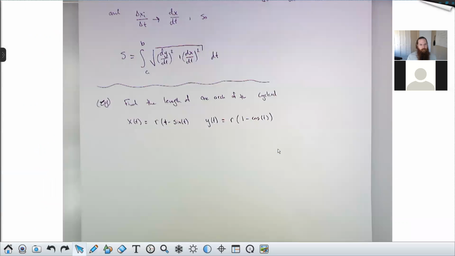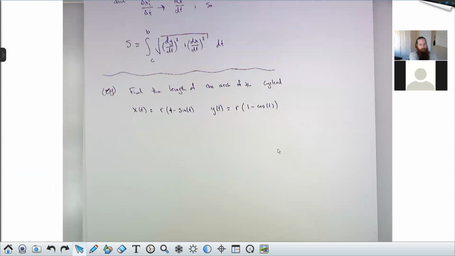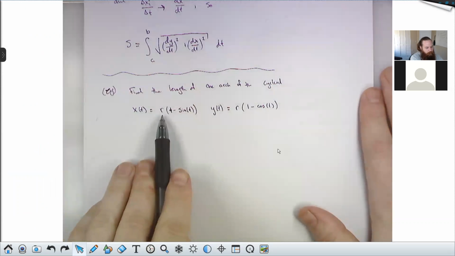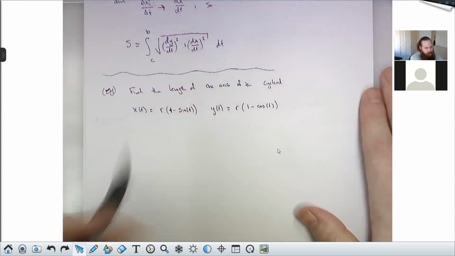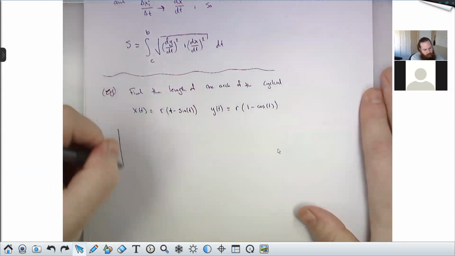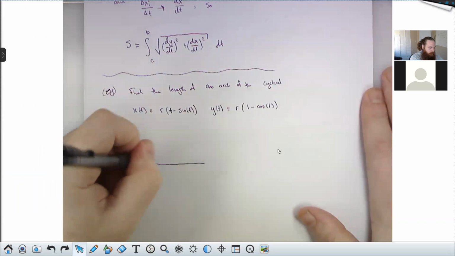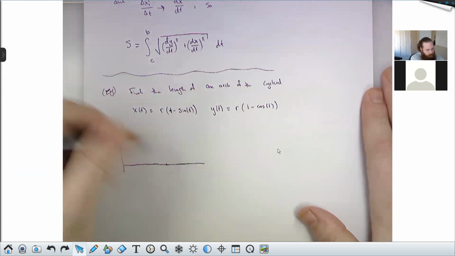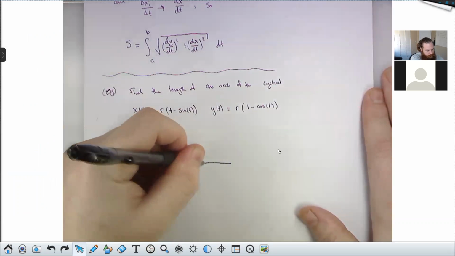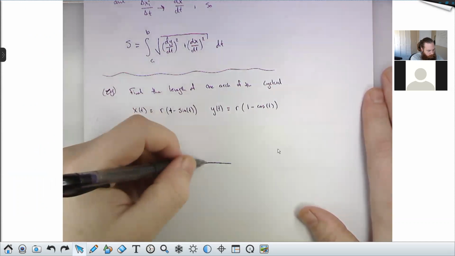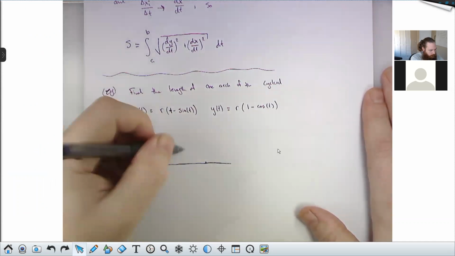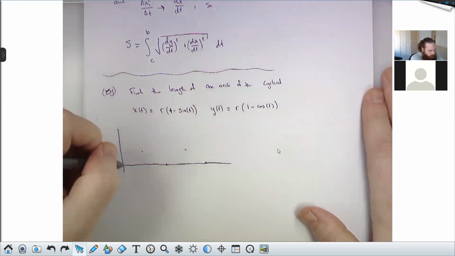All right, so I'm going to come back here. This is the cycloid generated by the revolving wheel of radius r. I'll draw a small picture in here. Chop this up into bits. Try to make this look decent.